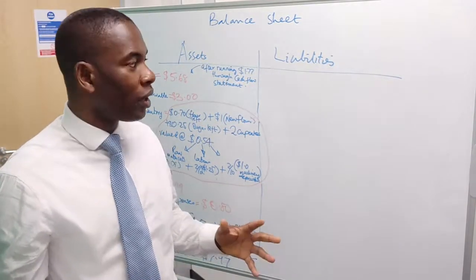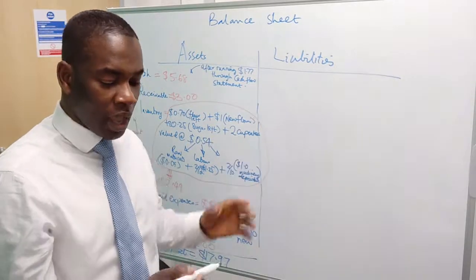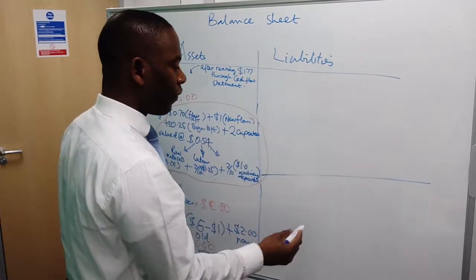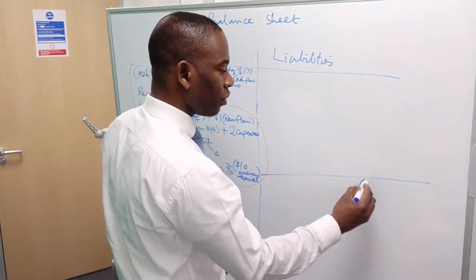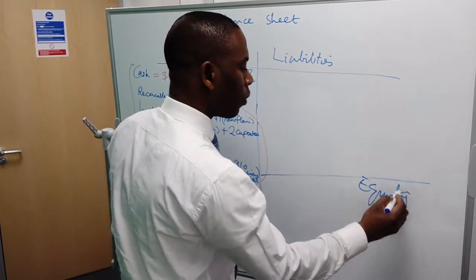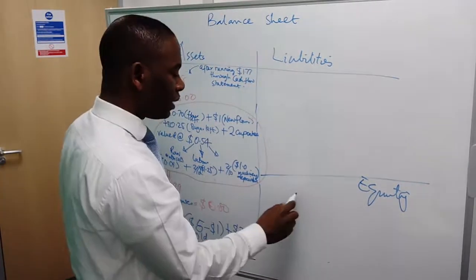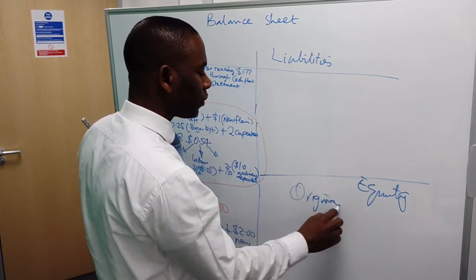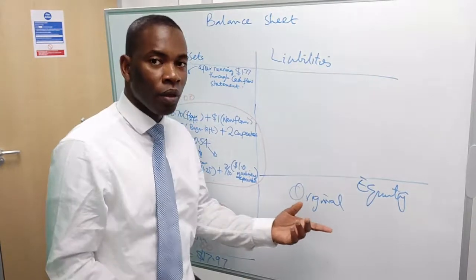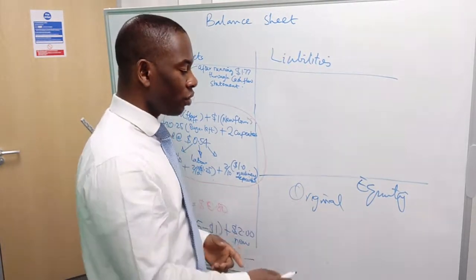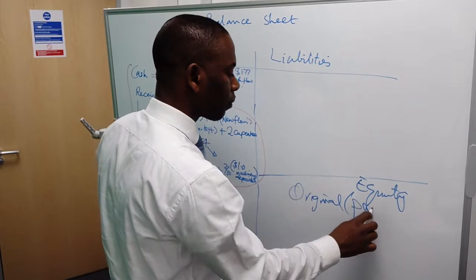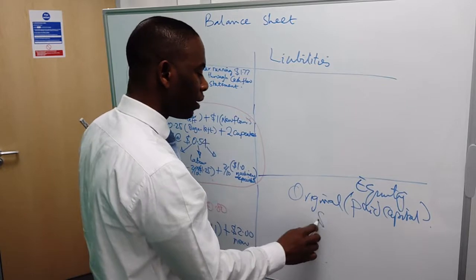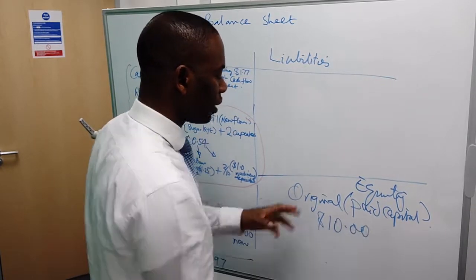Now we are going to move on to our liabilities. Here, very quickly, you have your equity. Let's say our equity, which we started with, was $10 original. So original equity, which is called your paid-in capital, we had $10.